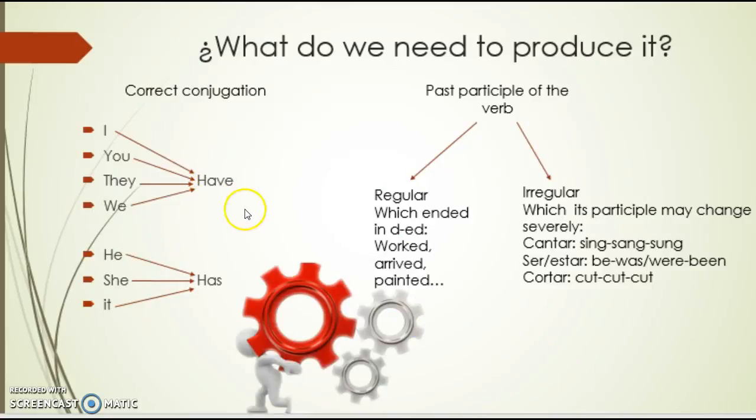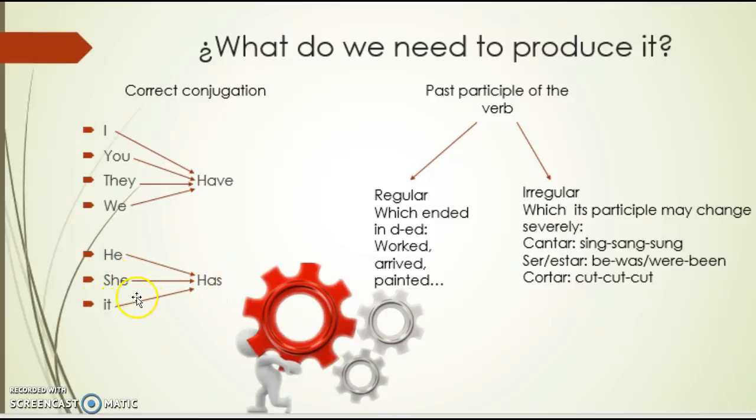In the next slide, I'm going to explain how to use the correct conjugation with the pronouns. These are the pronouns, and the have and has. Has is used for the third person singular: she, he, it.